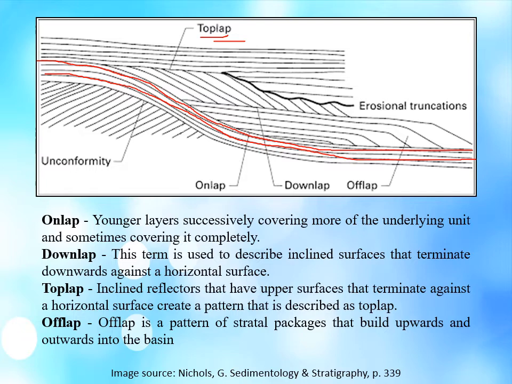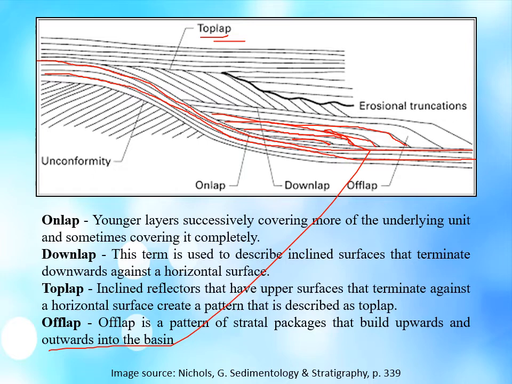Next is offlap, a pattern of stratal packages that build upwards. That means vertically the top part is covered, as well as laterally outward parts spatially. You can see that above this bed this strata is covering the topmost part, as well as spreading laterally more. Similarly this one, similarly this one. So not only is the topmost part covered, but laterally it is spreading over more area. So this is called offlap.